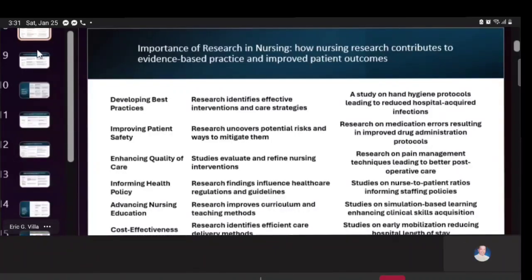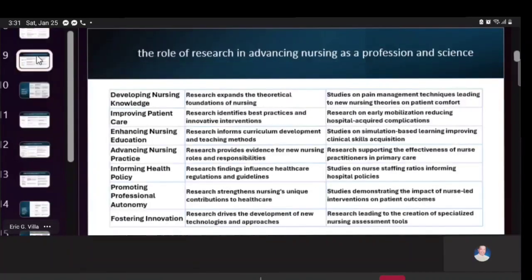Next is to explain the role of research in advancing nursing as a profession and science. Research plays a crucial role in advancing nursing as both a profession and a science. It serves as the foundation for developing nursing knowledge, improving patient care, enhancing education, and informing policy decisions.